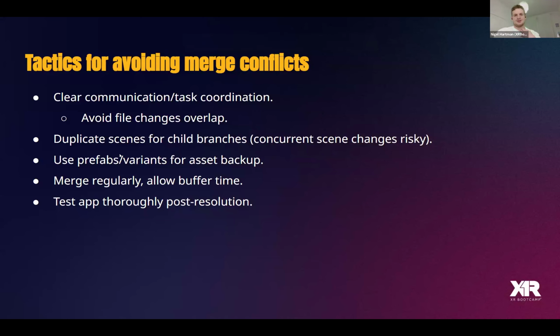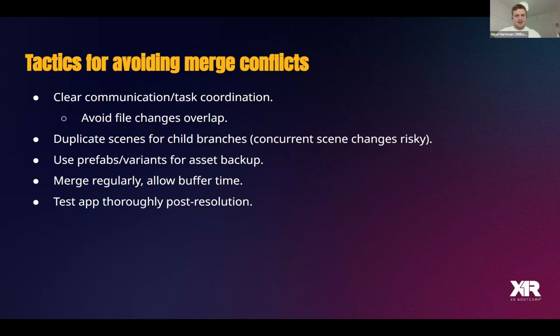If you want to work in scenes, then maybe create multiple duplicates of your scenes so everyone can work in a different scene, because with one scene it will get really crazy, really tough and difficult to work through these merge conflicts.